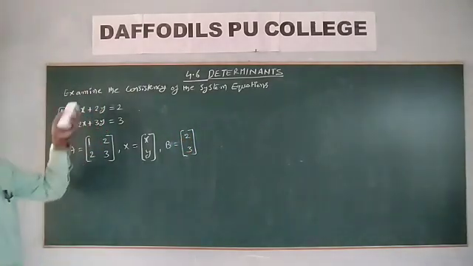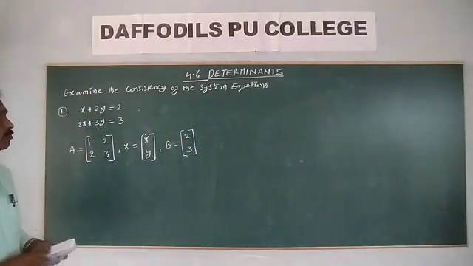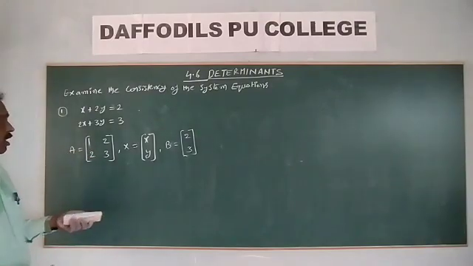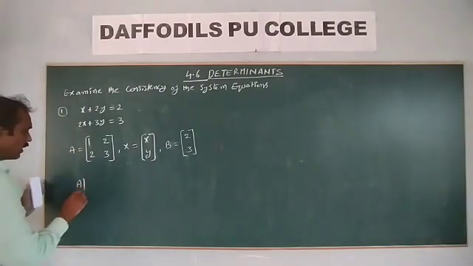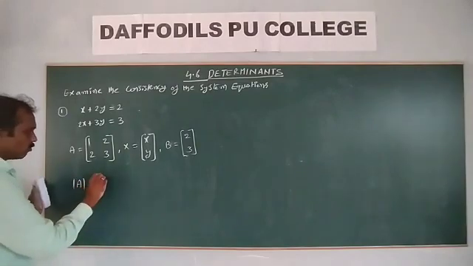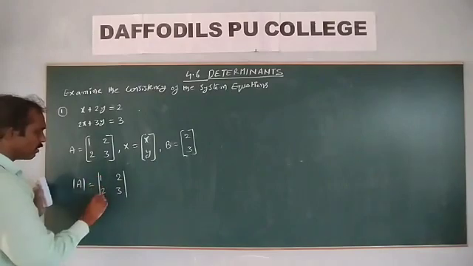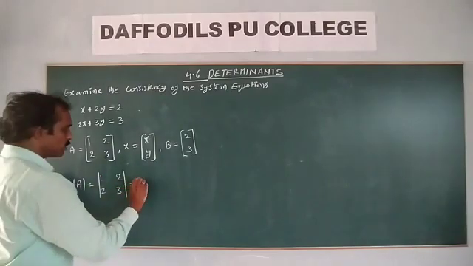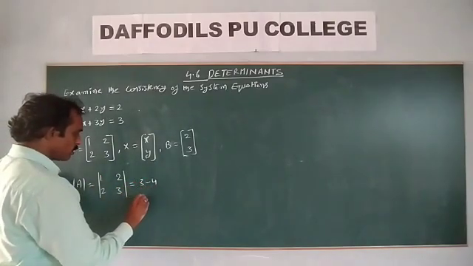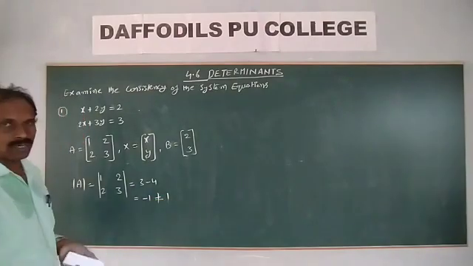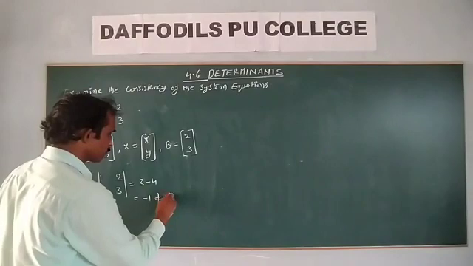Right. Examine the consistency. Consistency means whether a solution is possible or not. Find the determinant of A value: 1, 2, 2, 3. Determinant of A is equal to 3 minus 4, which is equal to minus 1. This is not equal to 0.